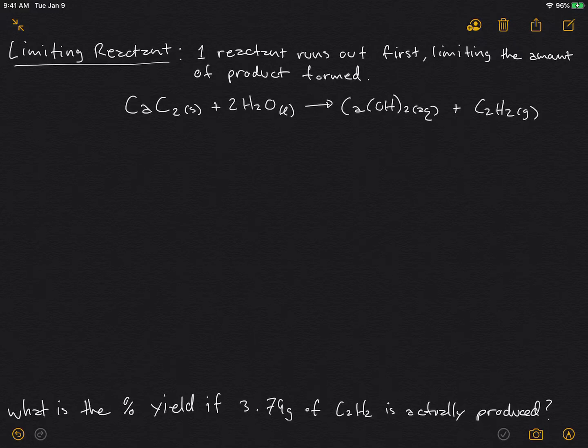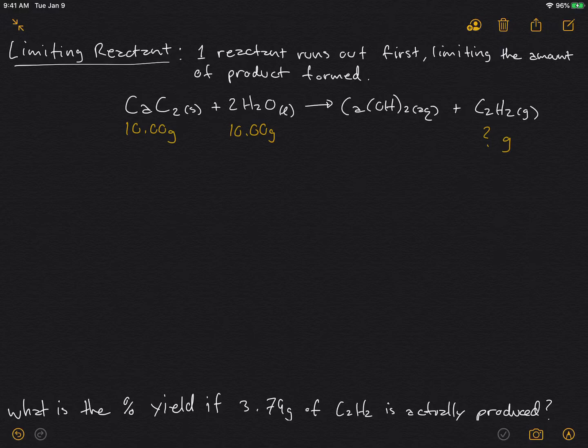So let's take a look at this example. In this reaction, we've got calcium carbide plus water makes calcium hydroxide and acetylene gas. And if we're given the amounts of both reactants, and this is usually how you can spot a limiting reactant problem, you're given the amounts of both of the reactants and you want to know how much of one of the products you can form.